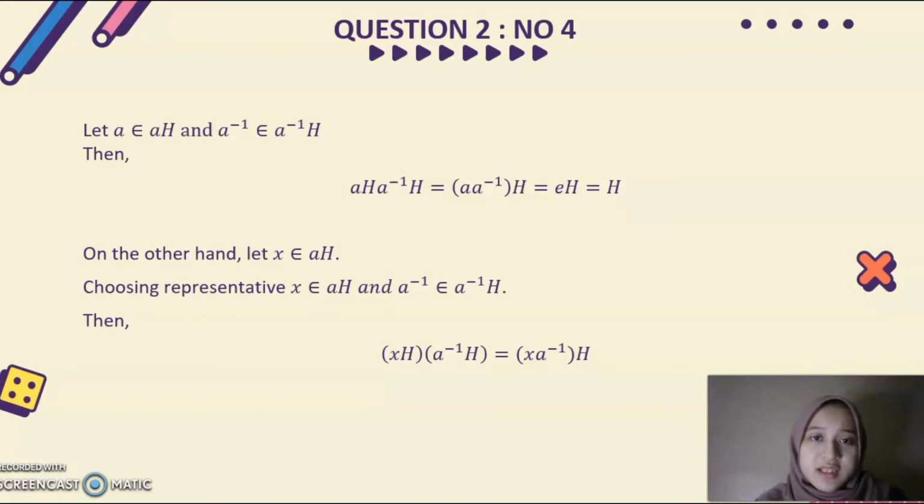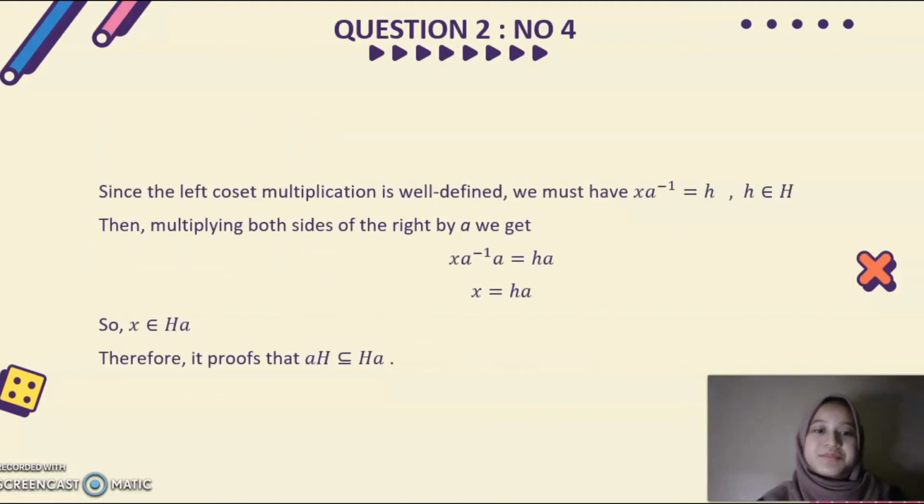By choosing representative x, an element in aH, and a inverse, an element in a inverse H, then we will have x binary with a inverse H equal to the bracket x a inverse times H. Since the left coset multiplication is well defined, we must have x a inverse equal to h, where h is an element in the subgroup H. Then, multiplying both sides on the right by a, we get x equal to ha.